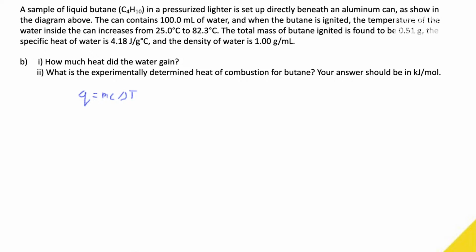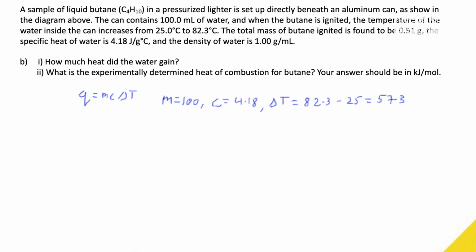Because we have 100 milliliters, the mass is equal to 100. They give me C, the specific heat, that's 4.18, and delta T, which is equal to 82.3 minus 25, which in this case is 57.3.